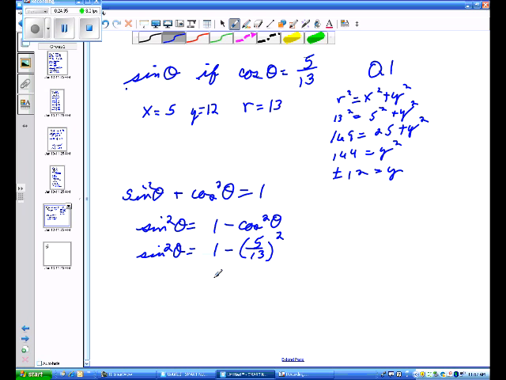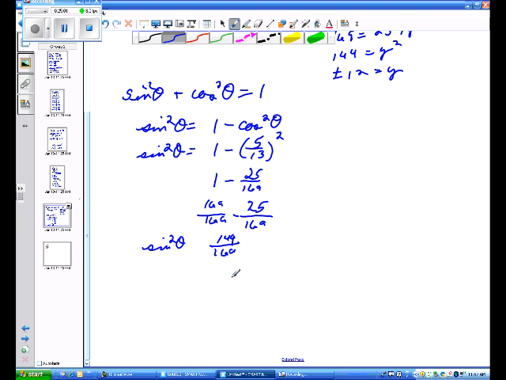And now it's arithmetic. So 1 minus 25/169. So this is 169/169 minus 25/169, which equals 144/169. Now that's what the sine squared equals.